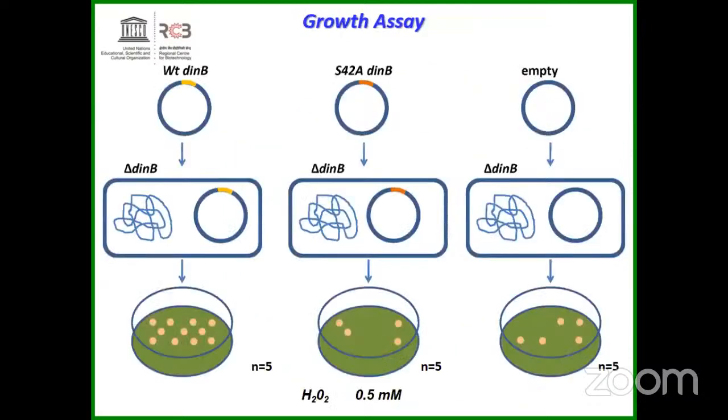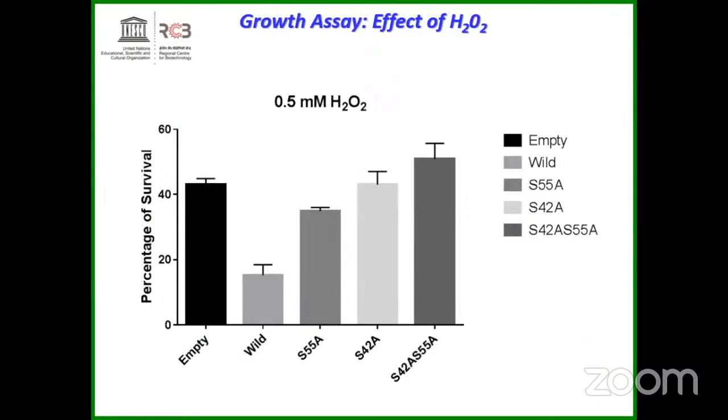So how to check this? He did growth assays where he grew bacteria in which the Pol4 gene is deleted. You transform them with plasmids bearing wild type or mutant genes of Pol4, and then you grow them in the presence of H2O2. He saw that when you have wild type, the percentage of survival is low.